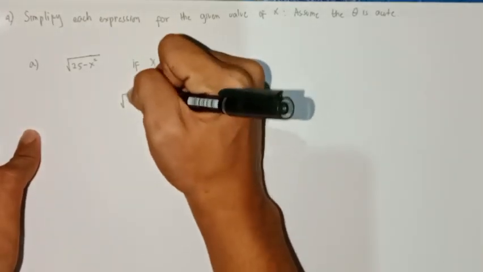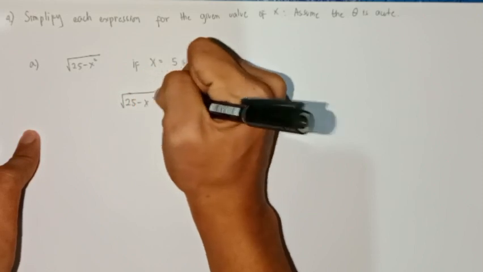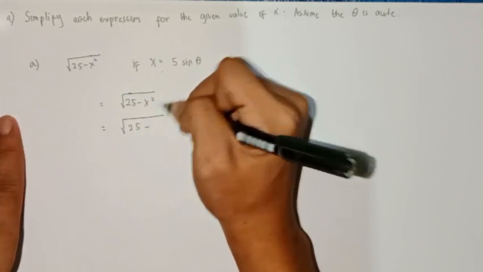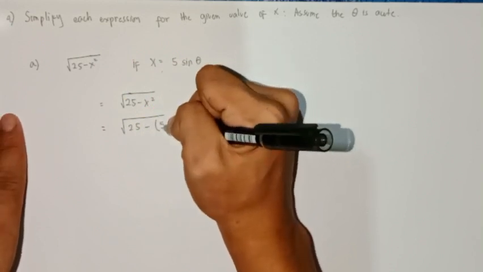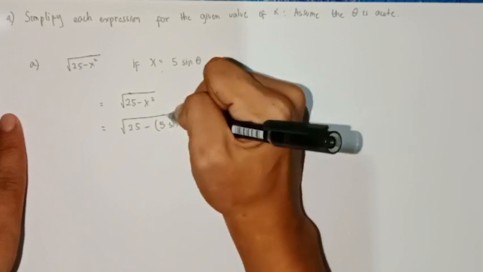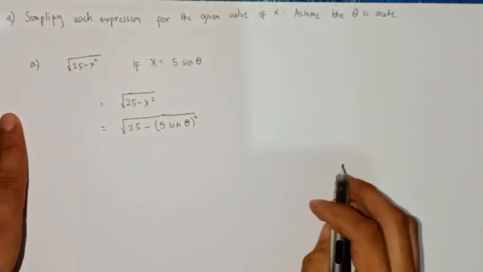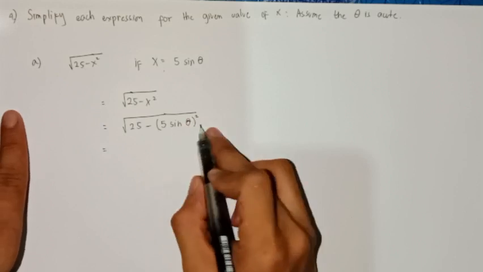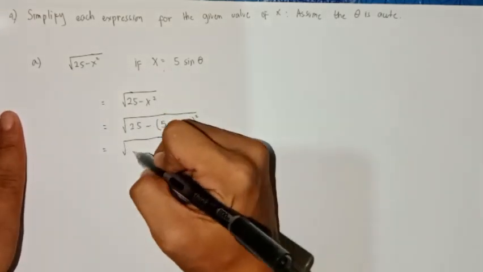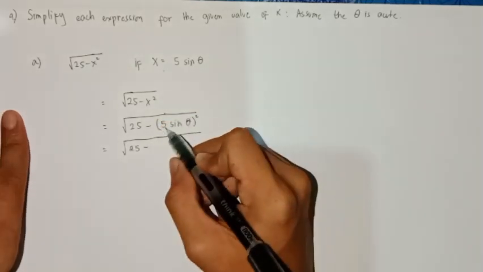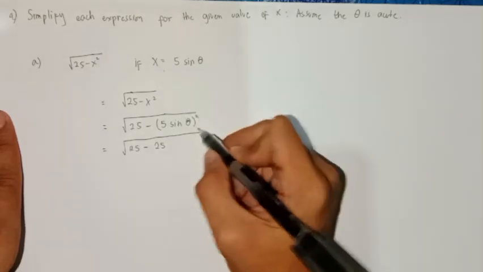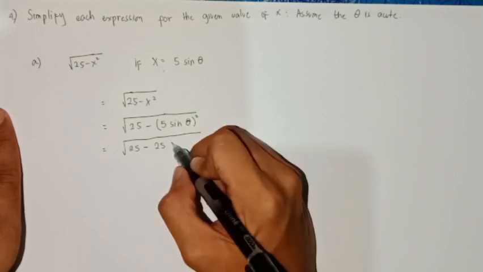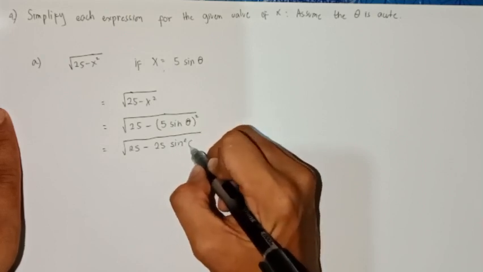So square root of 25 minus x squared is equal to square root of 25 minus the value of x, we have 5 sine theta squared. Next, since it has an exponent, we need to simplify. 25 minus 25 times sine theta squared. Sine theta to the power of 2 is sine squared theta.